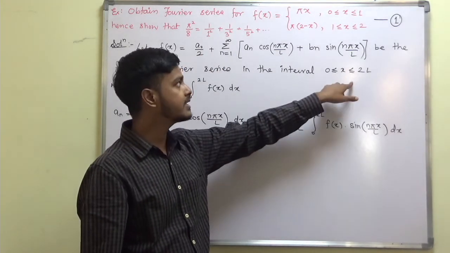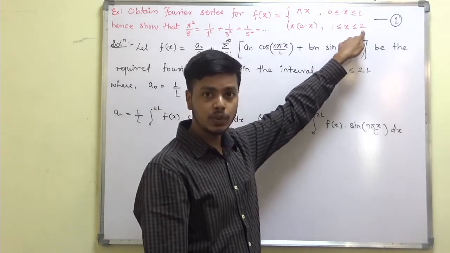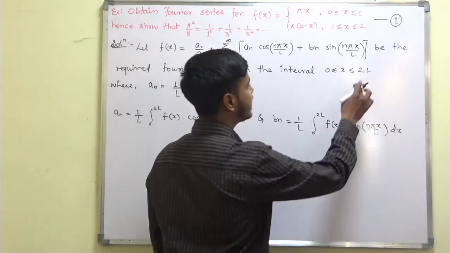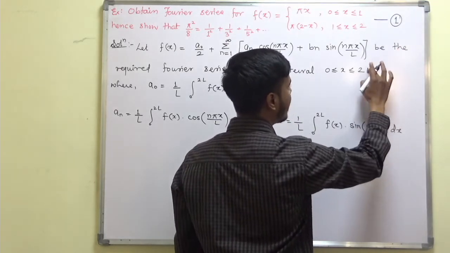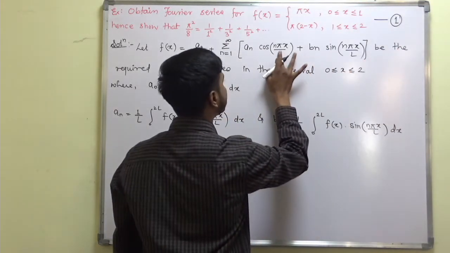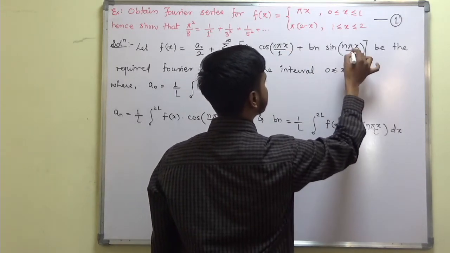Now compare this interval with this. We have the interval 0 to 2. So for the interval 0 to 2, what is the value of l? It is 1. So you can write cos n pi x by 1, sin n pi x by 1.